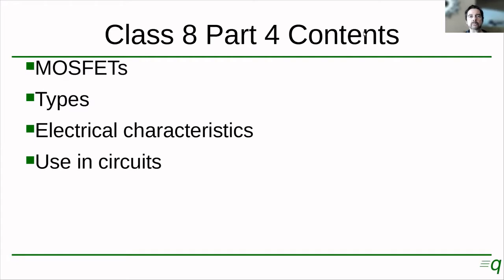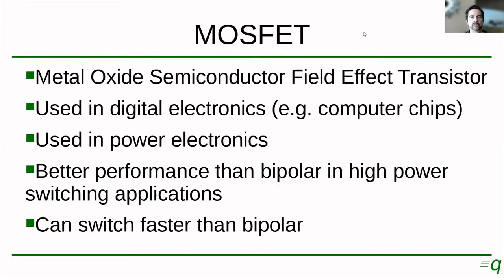Today, we're going to talk about MOSFETs, which is a different kind of transistor. There are different types, and we're going to study some electrical characteristics and how to use them in some circuits. MOSFET stands for metal oxide semiconductor field effect transistor.